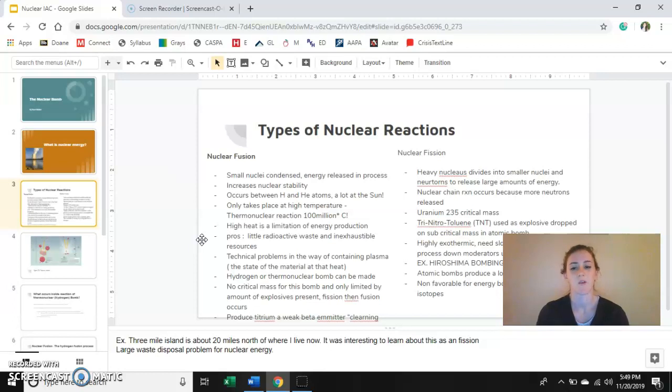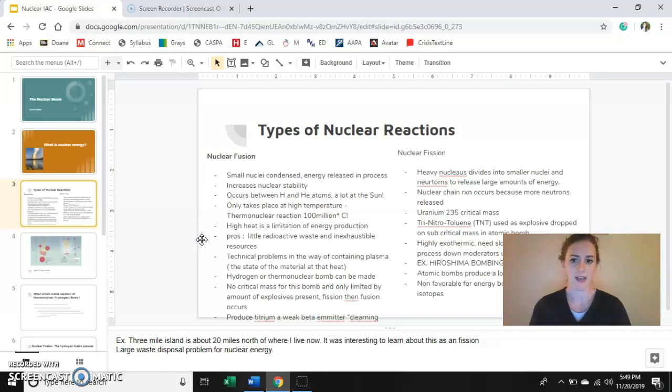But if it could be figured out, it would be really beneficial because there's little radioactive waste in these reactions, and hydrogen and helium are readily available, so there wouldn't be a problem with resources.